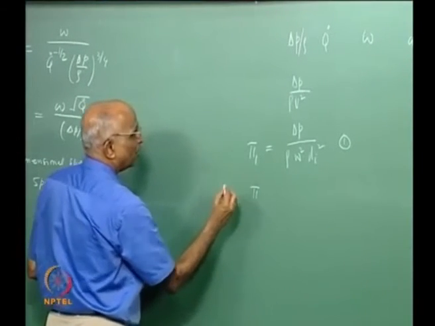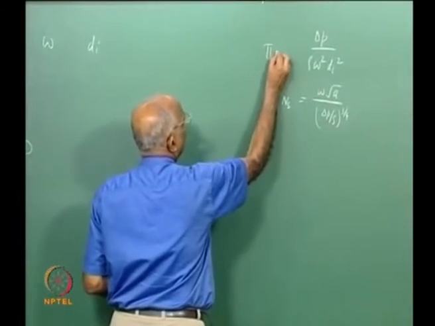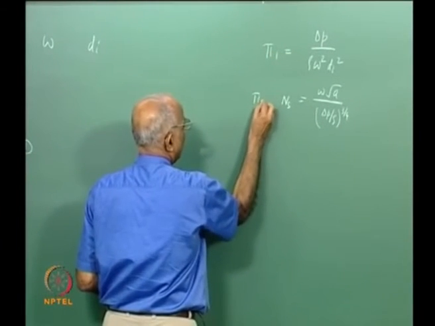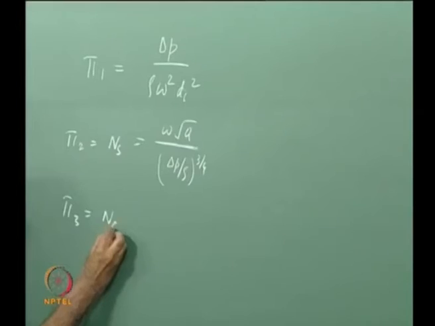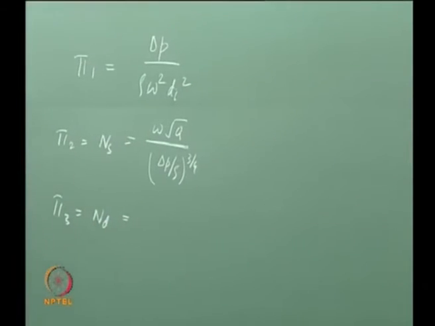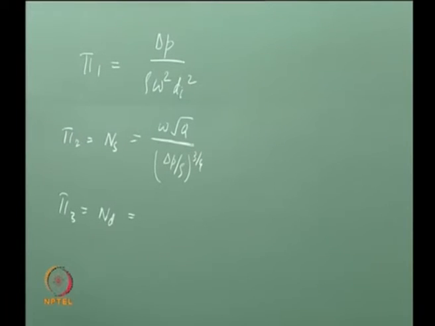Therefore, I take the value of pi 3, let us put it down here. This was pi 1, this was pi 2 which we call specific speed, and the value of pi 3 we will call specific diameter. We follow the same thing, otherwise it will eat into our class time.